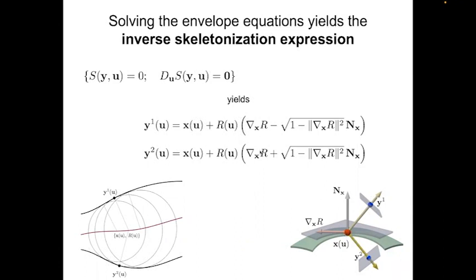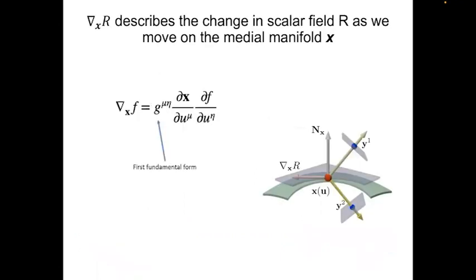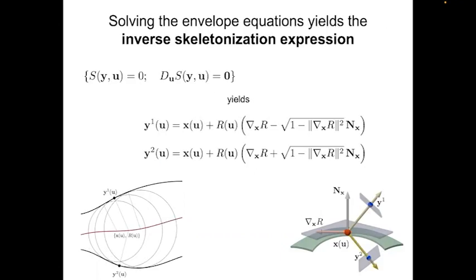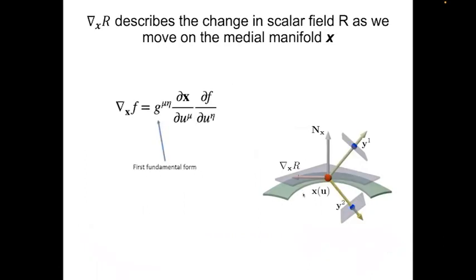In general, when we talk about the gradient of a scalar field on a manifold, it is defined in terms of the first fundamental form. The first fundamental form is a matrix of dx by du1 and dx by du2, their corresponding dot products.